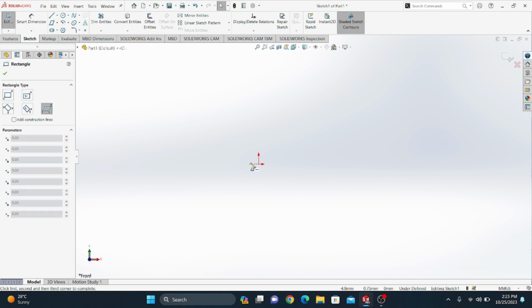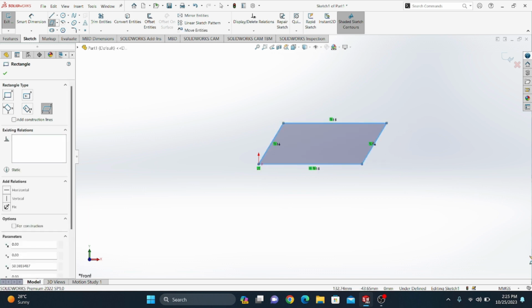Parallelogram means you just construct it by giving three corner points of a parallelogram. Now the relations in a parallelogram are very important.